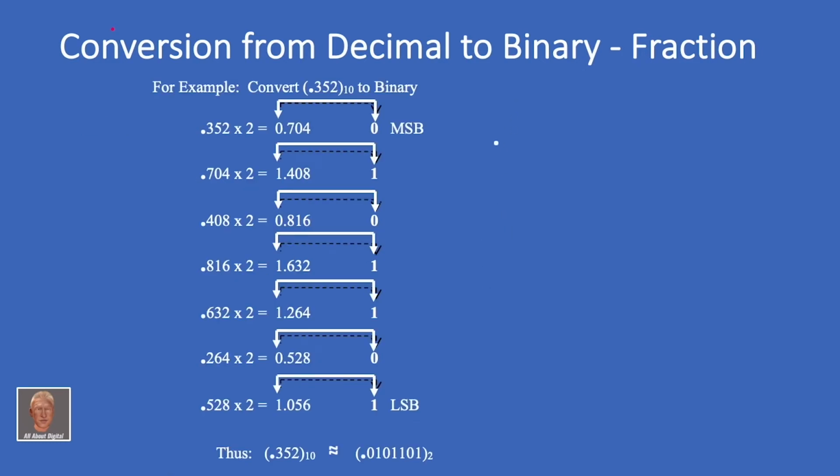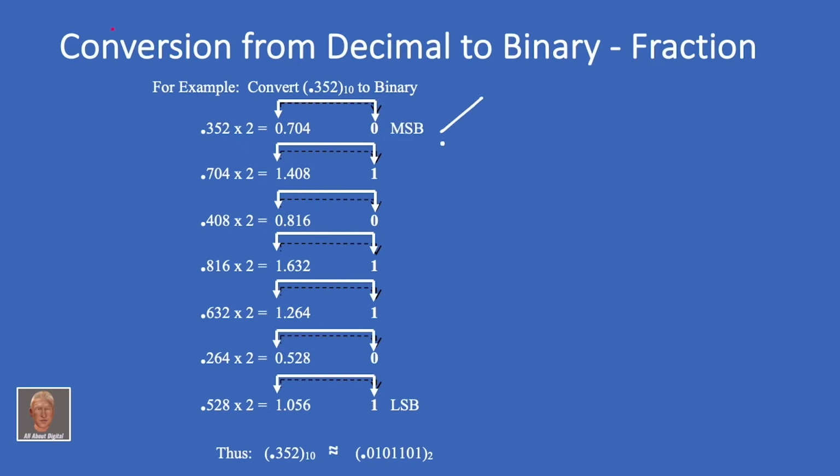So let's do an example. Let's convert 0.352 base 10 to binary. The way we start out is we take 0.352 and multiply it by 2, and we get 0.704. Because there's a 0 there, the MSB, most significant bit, is a 0.